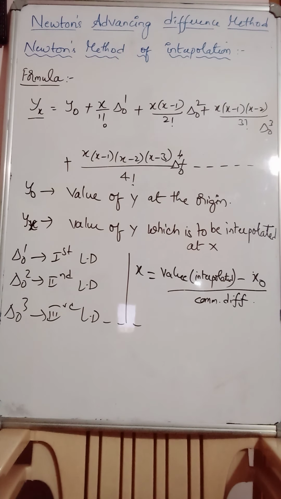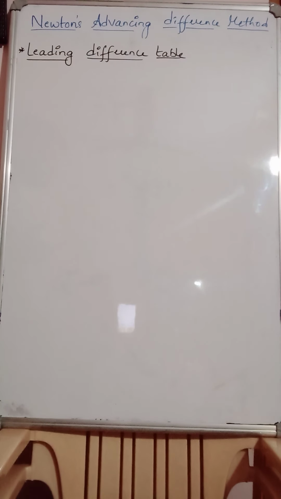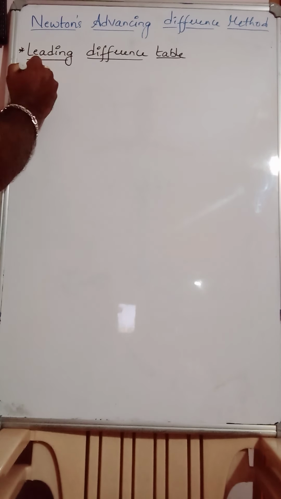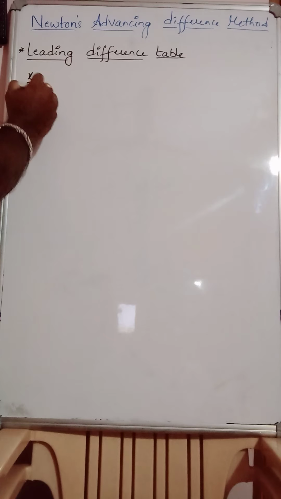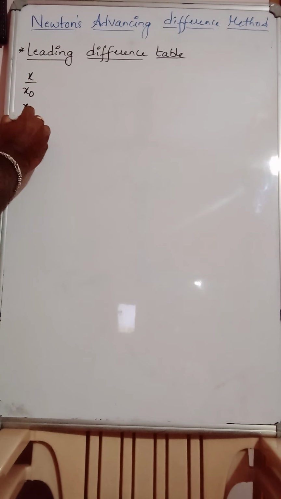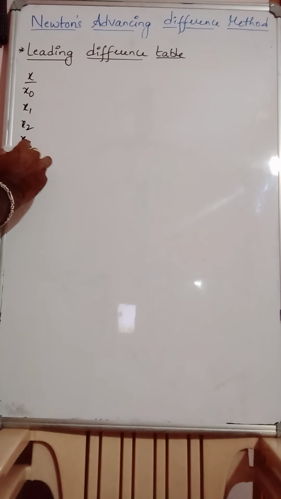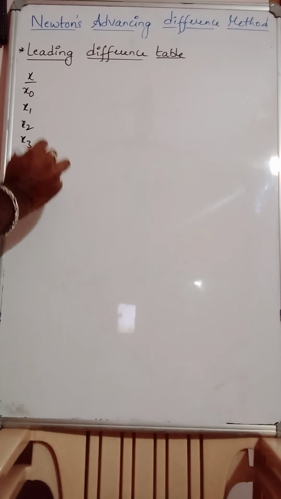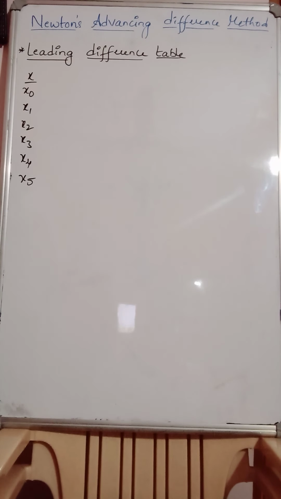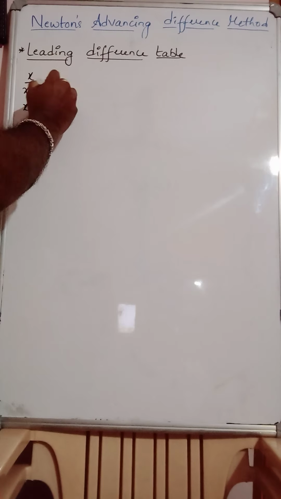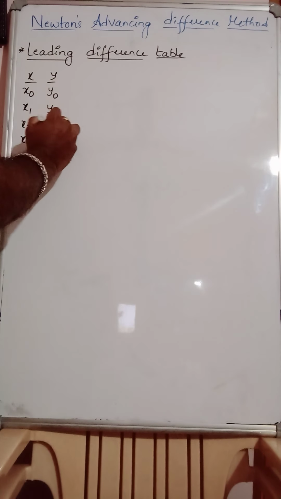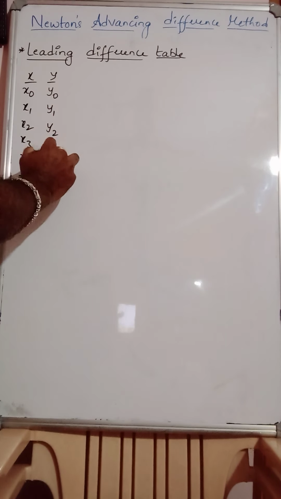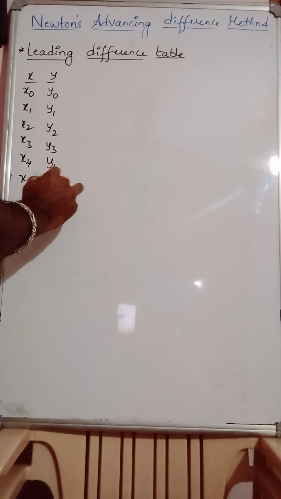So let us see the leading difference table now. Look here, how it is to be calculated. First x: x0, x1, x2, x3, x4, x5. Next y: y0, y1, y2, y3, y4, y5.